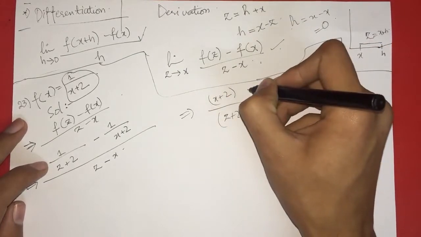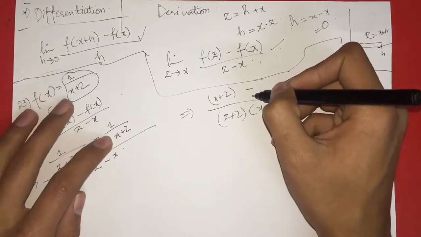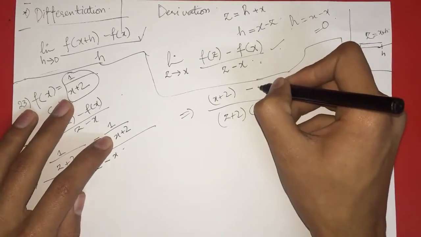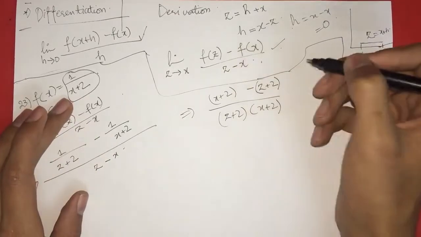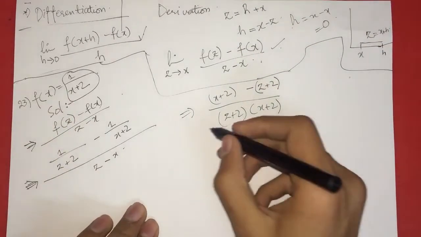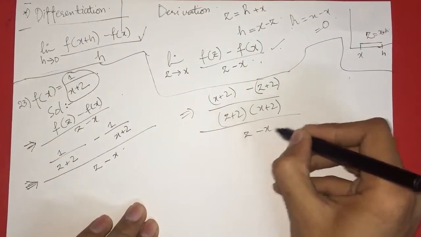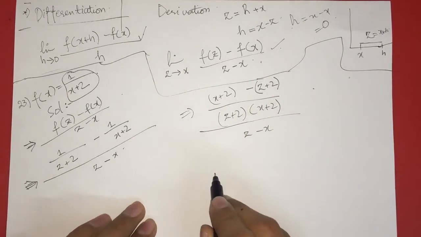x plus 2 minus z plus 2, divided by z minus x.